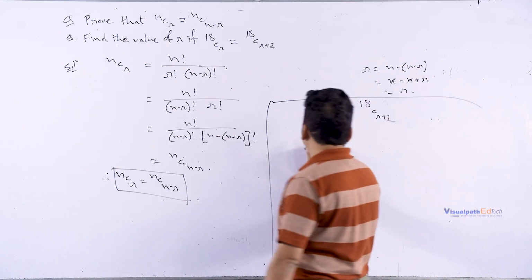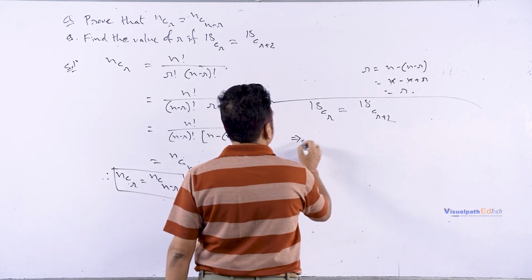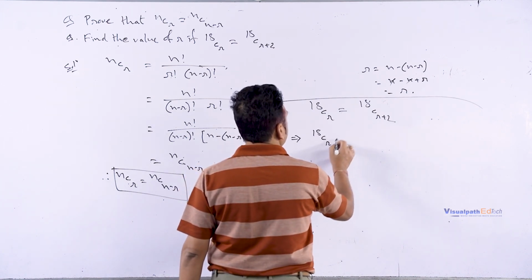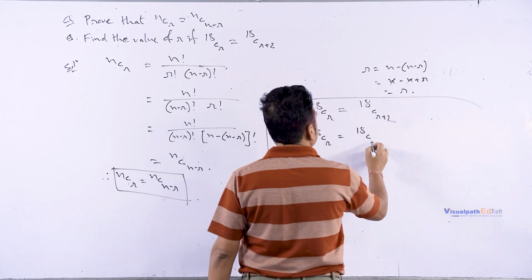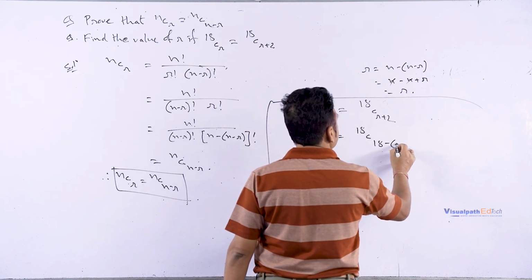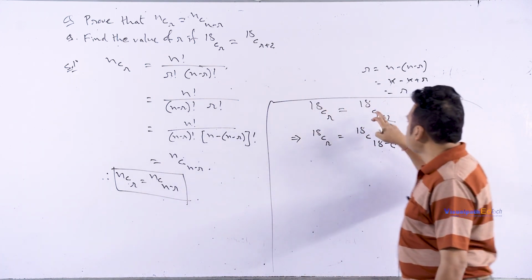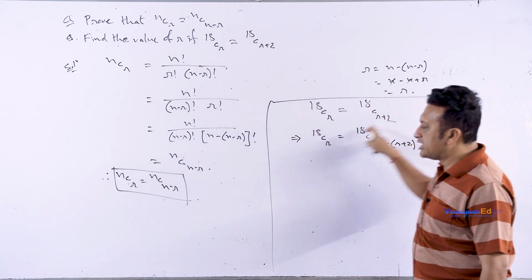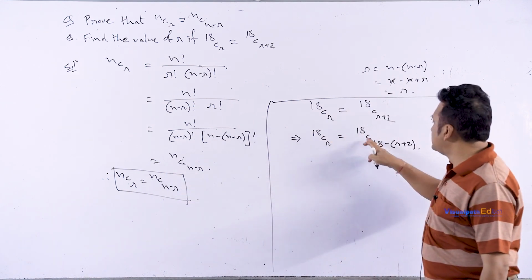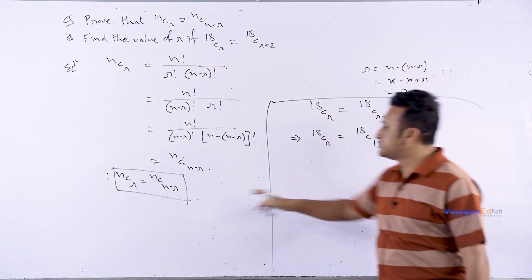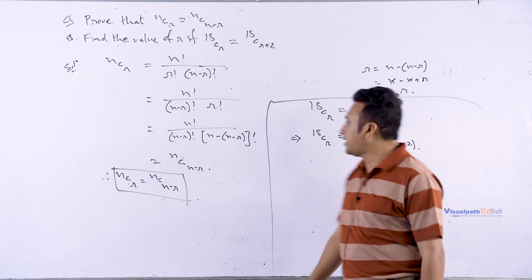So, suppose we say this implies 18Cr is equal to 18C(18 minus (r plus 2)). 18C(r plus 2), which is nCr, can be written as 18C(18 minus (r plus 2)), which is nC(n minus r). Okay.